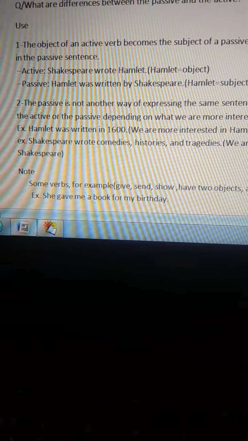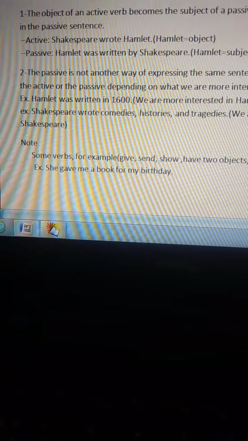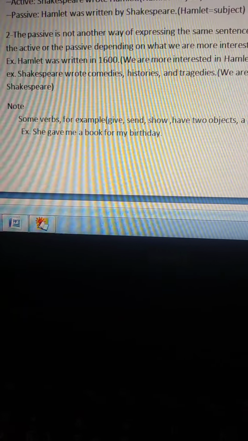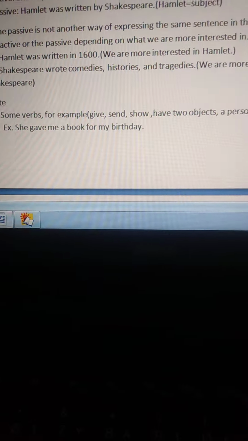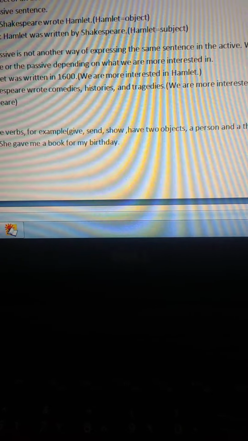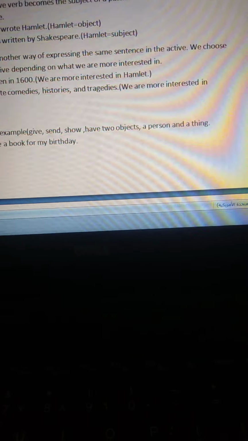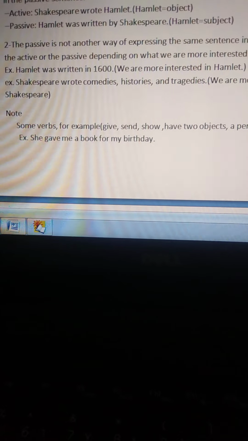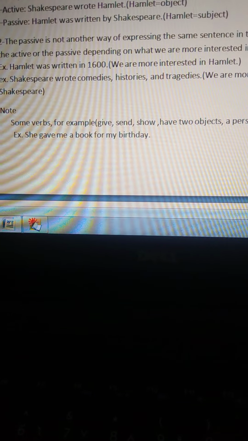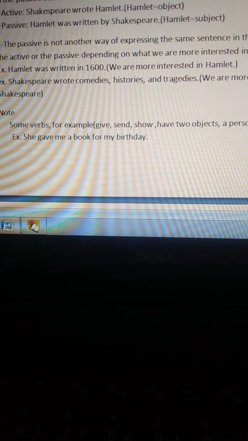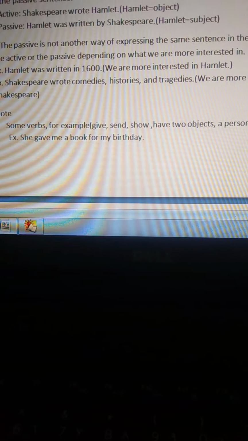Number 2. The passive isn't another way of expressing the same sentence. We choose the active or the passive depending on what we are more interested in.